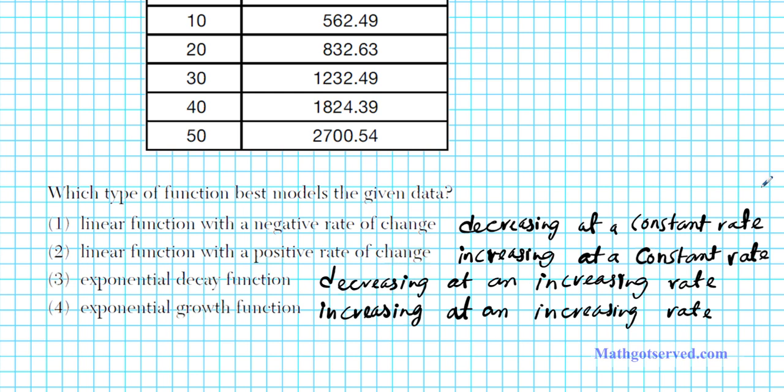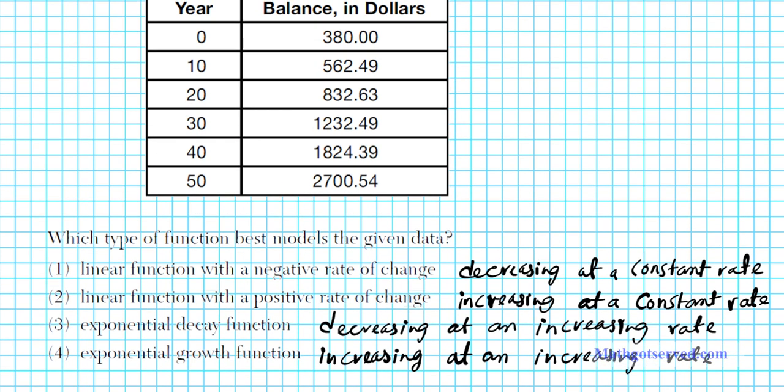Now let's put some numbers to this description. If you look at the balance, what's happening? Is it increasing or decreasing? You see the numbers are increasing, right? So any of these options that involve the function decreasing should be eliminated. Eliminate option 1, that's decreasing.